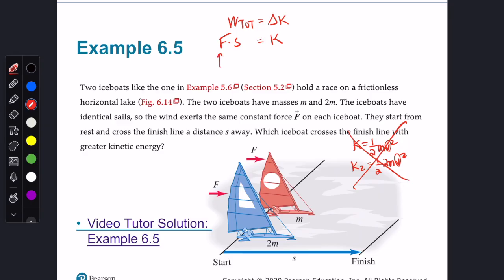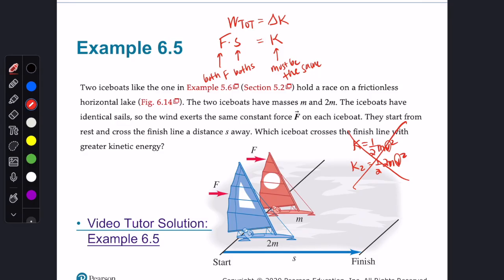F is the same for both. S is the same for both. And therefore, the kinetic energy must be the same for both. So what changes, right? Obviously, not every single aspect of these boats is the same. What's the same is that the force is the same, the distance is the same, but the velocity is not.